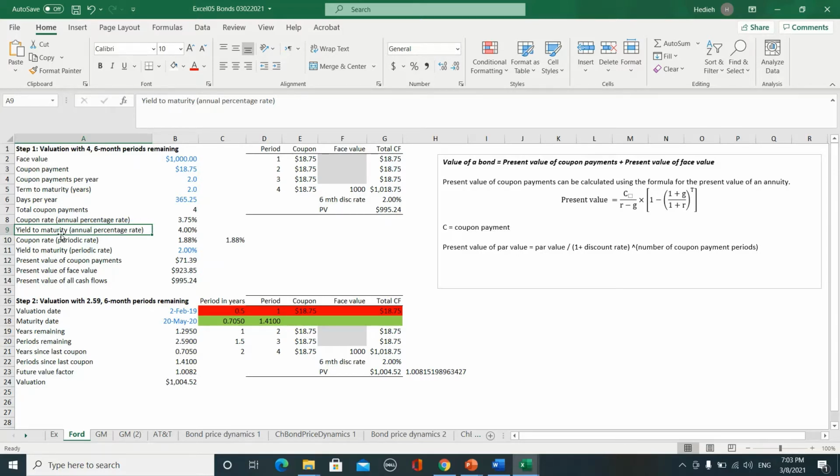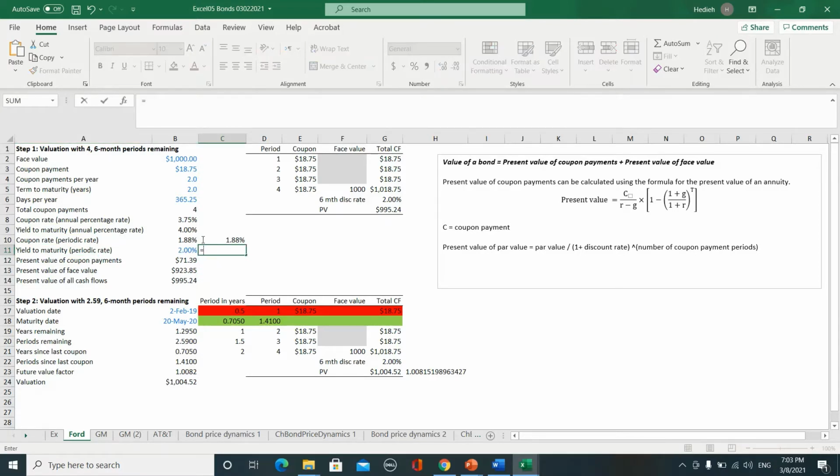But your cash flows happen every 6 months, so you should use a discount rate that is a semi-annual rate. So in order to find your discount rate for a 6-month period, just divide your annual discount rate, or yield to maturity, by 2, and then you can find your discount rate for a 6-month period.